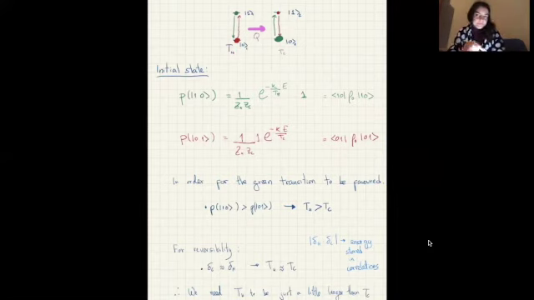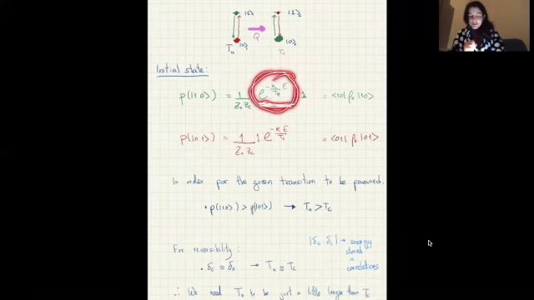Okay, so first of all, what was the probability of having these green dots? So the initial state necessary for the green transition, it was 1 over the partition function, and then this probability that the first state is excited, right? So that's this thing.